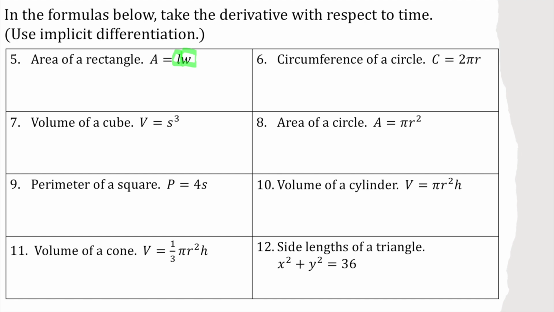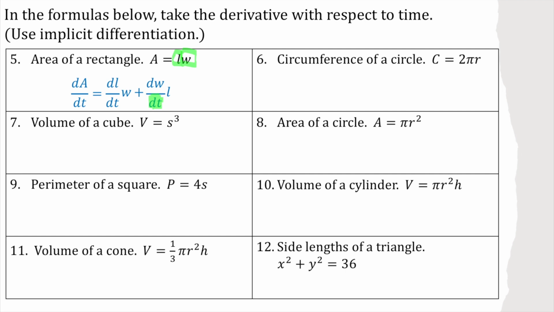So we're going to use the product rule. dA/dt equals, the derivative of the first, the derivative of L with respect to time is dL/dt, times the second, plus derivative of the second, dW/dt, times the first. So any variable that we take a derivative of that's not t is going to get this dt added onto it.